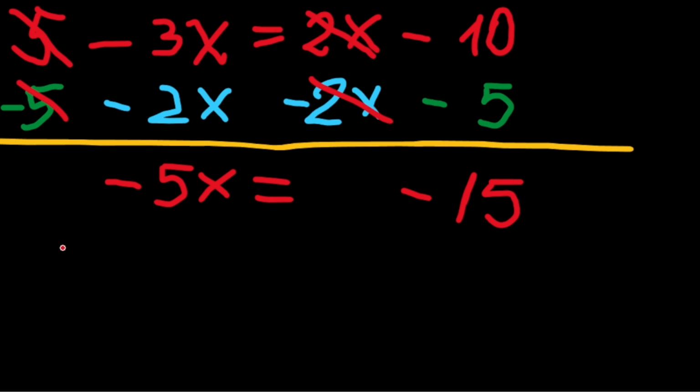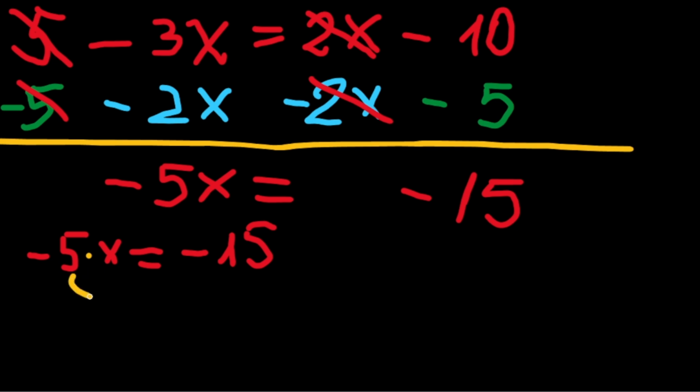Okay, so minus 5x equals minus 15. How are we going to solve? Because we have 5x, we need just x, not 5x. In here, it's not just minus 5x, it is a multiply: minus 5 multiplied by x.